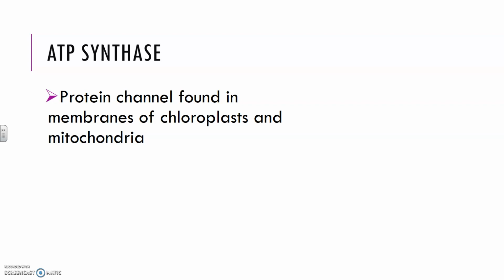It uses hydrogen ions, okay, that have been built up against their concentration gradient in order to basically move that energy around to create ATP. So it really facilitates the reaction between ADP and a phosphate group in order to add that phosphate group onto the ADP to create ATP.